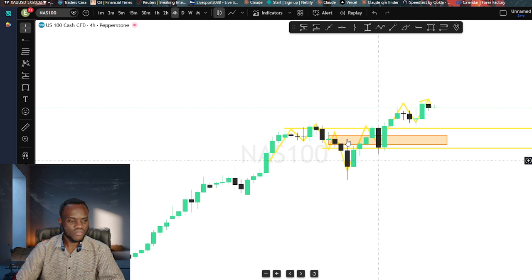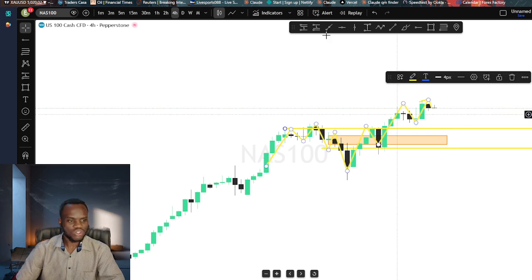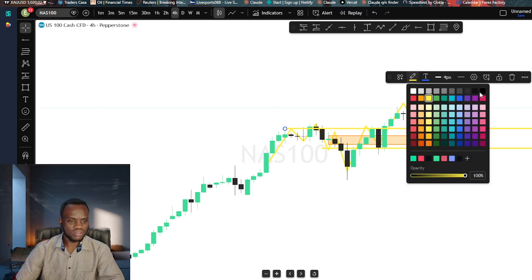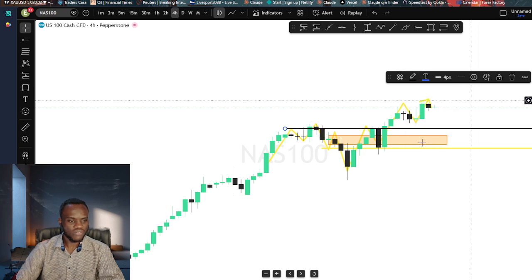The only thing we see is that market may come up to this level here, to continue to push the market further up. So we have only one level here. We have this level and this level latest, but this is the most significant level.